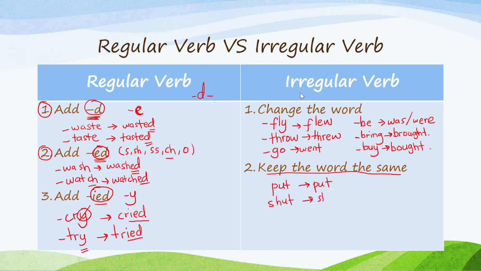Become shut. Hit and become hit. Alright, I believe all of you have already mastered all of this because we've done an exercise about this. That is, fill in the table, right? Alright, so let's go for the next level. Let's go.